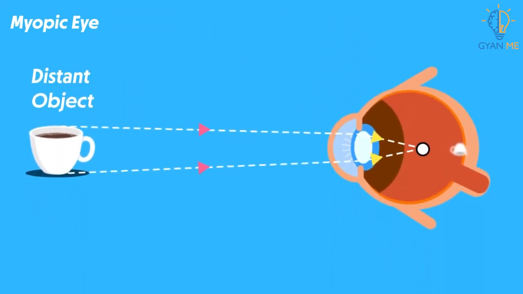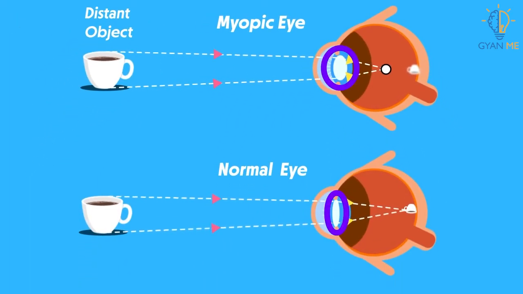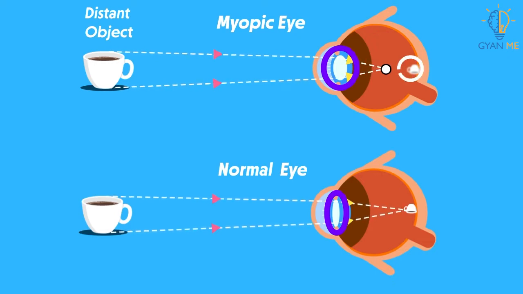But for distant objects, this is not so perfect. We know that rays from faraway objects are parallel. They are refracted in such a way that they converge in front of the retina instead of on the retina. This is again because the lens cannot become thin and increase its focal length. Thus, the image is blurry.